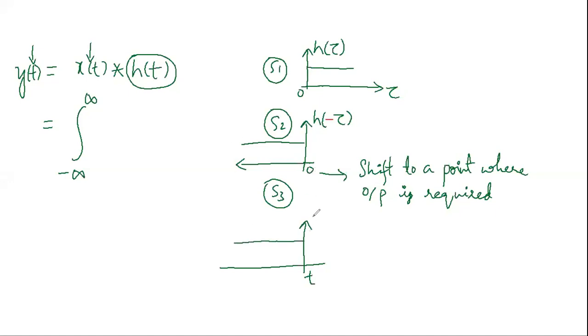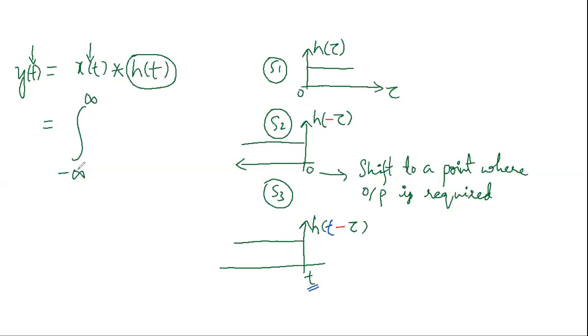So in fact, I can rewrite this h of minus tau as h of, and now the additional value I'm supposed to write here is t, because my entire signal is starting at t. So t followed by minus tau.